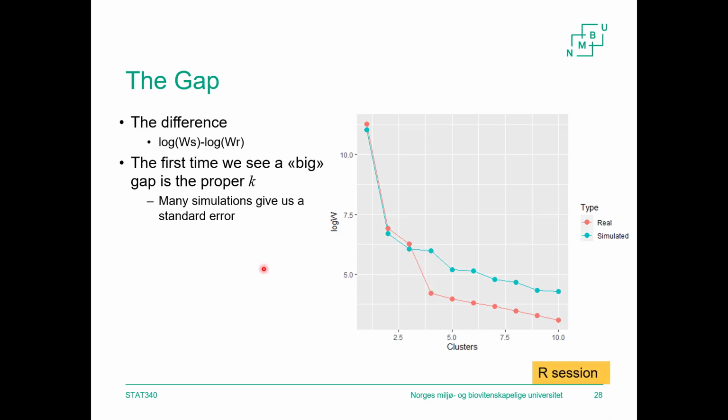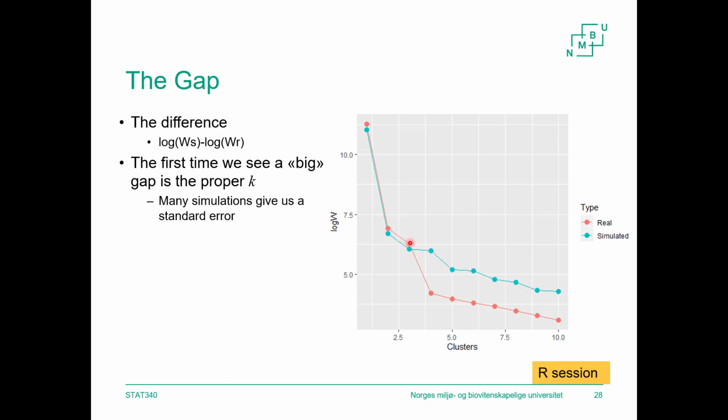We can always have a look in R at how to compute this gap statistic, but here is the idea. If the data are sort of uniformly distributed, no grouping at all, it should drop according to the blue curve.